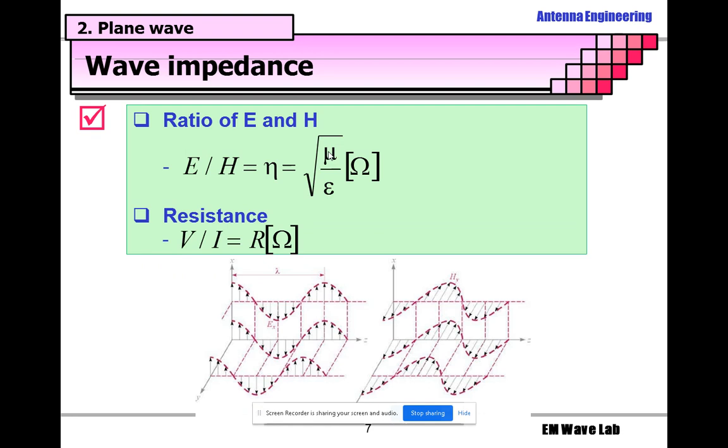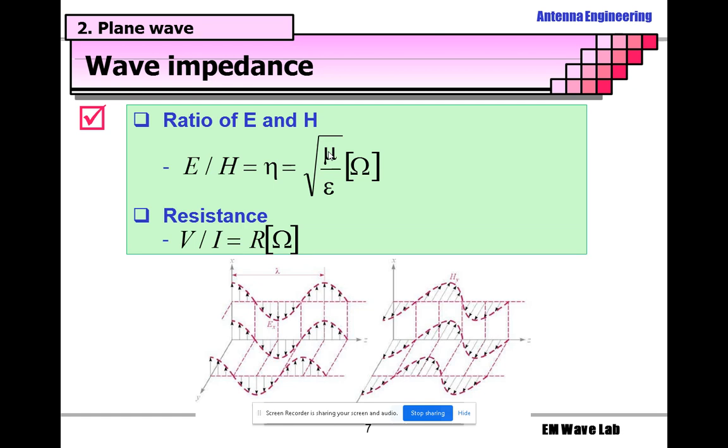So wave impedance. Wave impedance is nothing but resistance. Impedance means the pure part and imaginary part together will be called impedance. The pure value will be called the resistance. So the pure resistance value together with the imaginary value. The imaginary part is nothing but reactance. Reactance may be either inductance or capacitance.